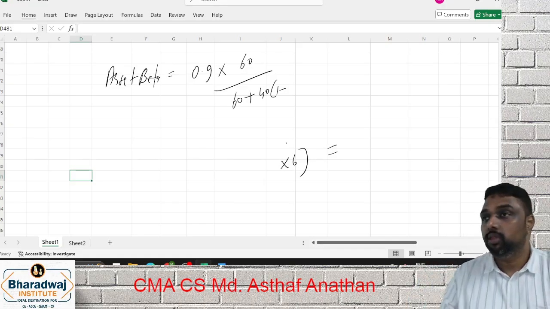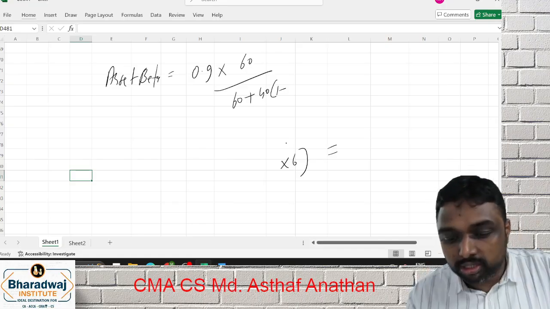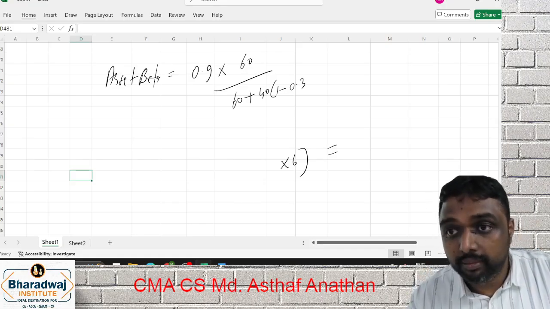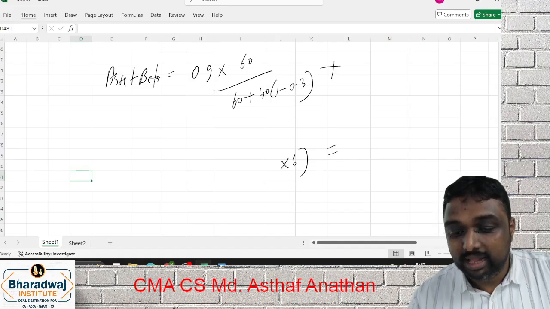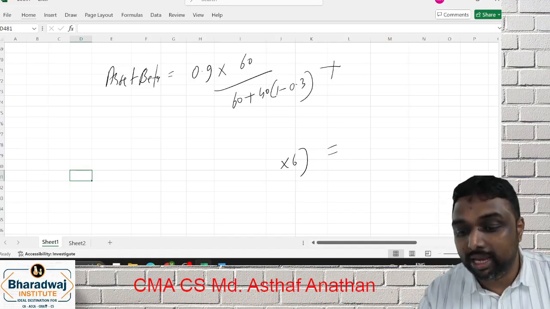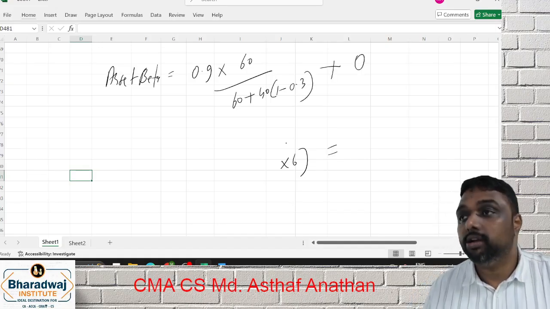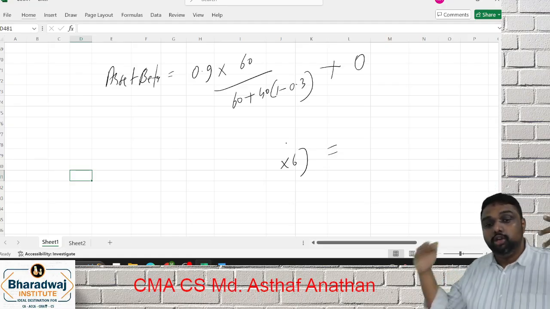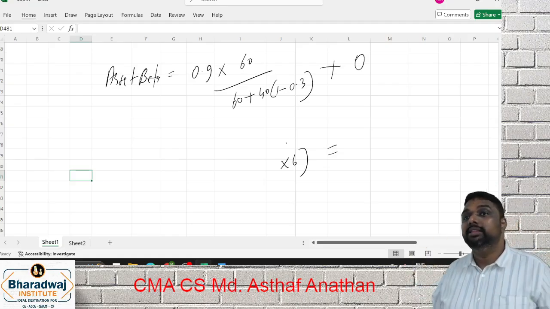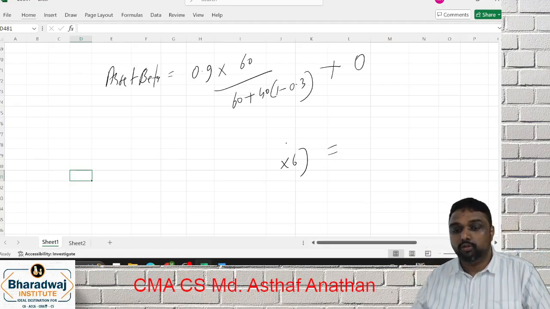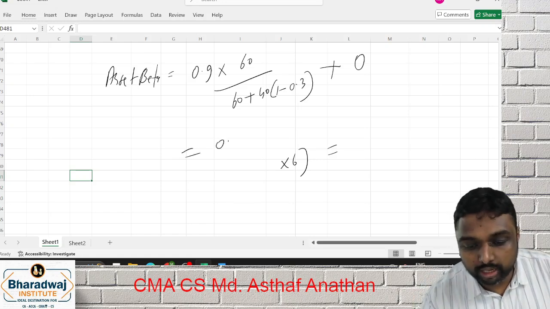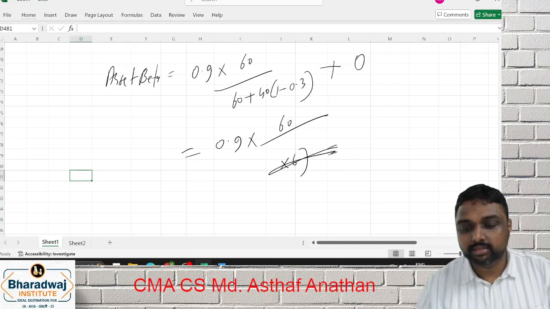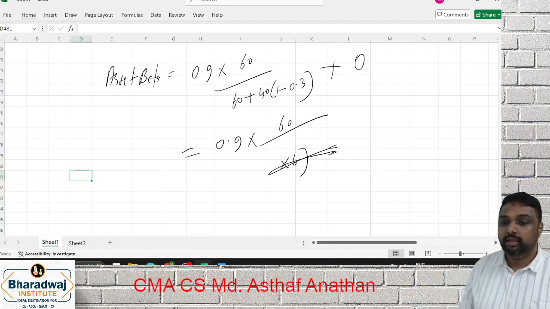What is the tax, friends? 0.3. Actually here also there is the beta of debt, but it is not given. Beta of debt is 0, and if you multiply anything by 0, the answer will be 0. So you don't need to go further. You will get 0.9 into 60 by 40 into 0.3.